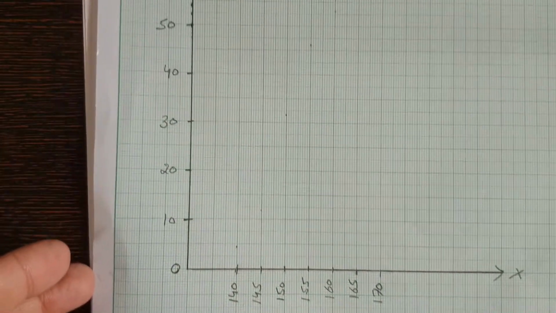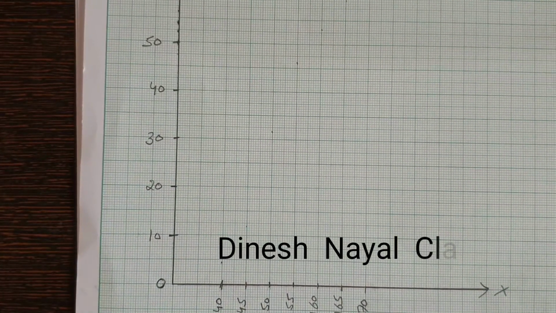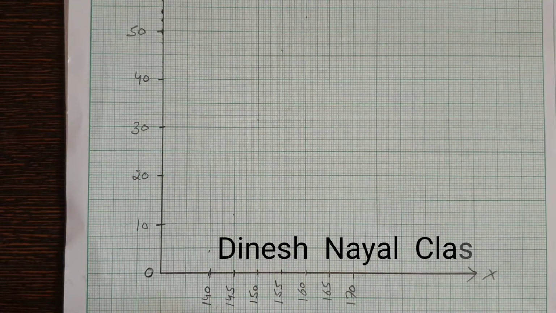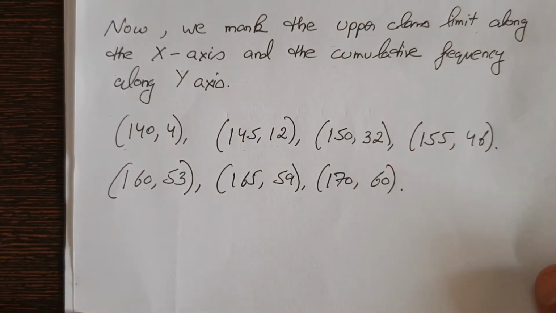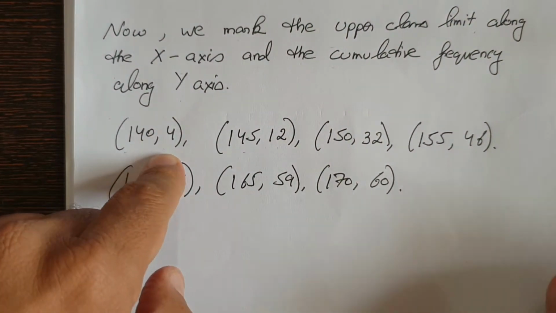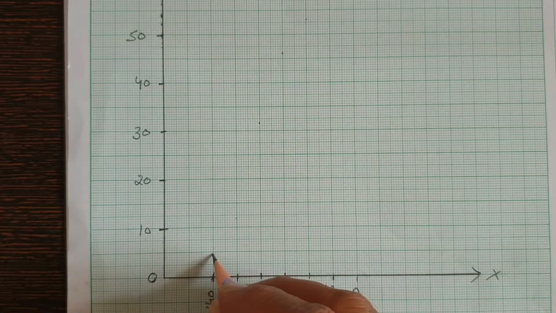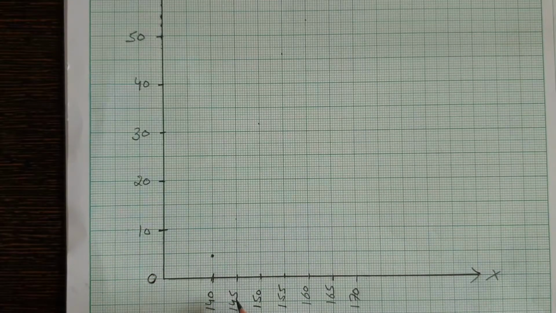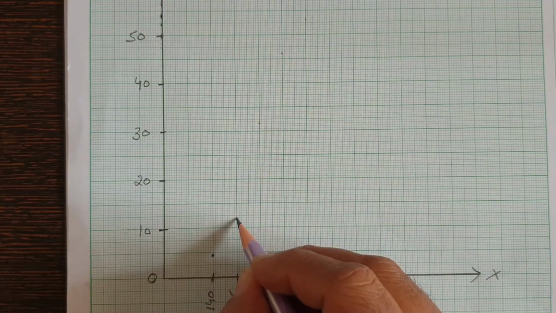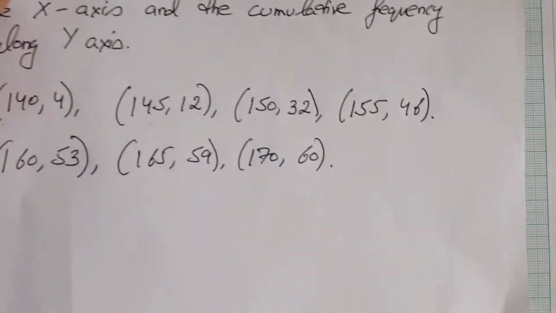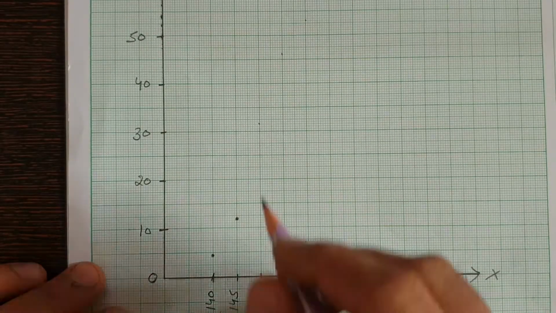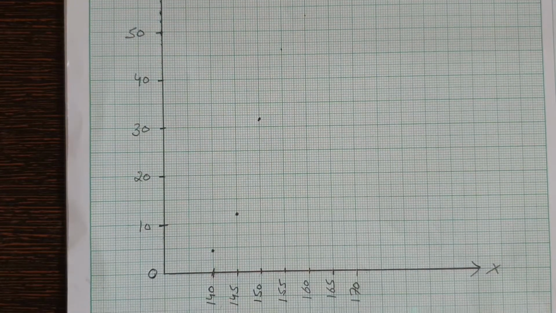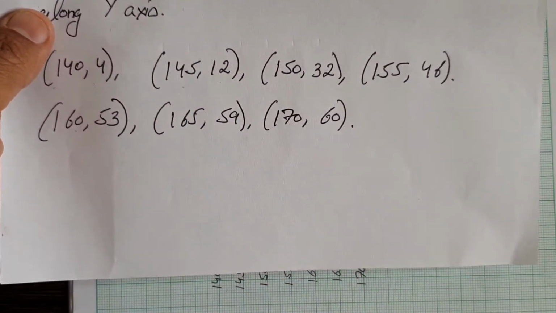So here is the graph paper. Now 140,4. Let's plot these points. 140,4 will be around here. 145,12 is considered here. Now 150,32 will be around here. 155,46.